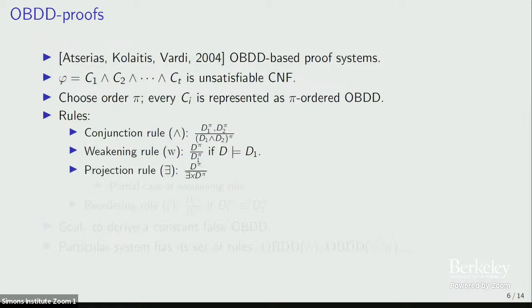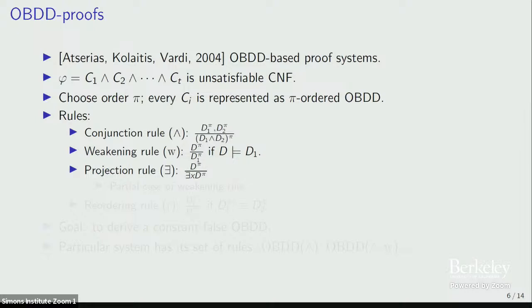In that paper, they also define the projection rule. That is, in fact, a partial case of the weakening rule: for an OBDD, we can derive the OBDD exists x, where x is some variable. Why is it more interesting?